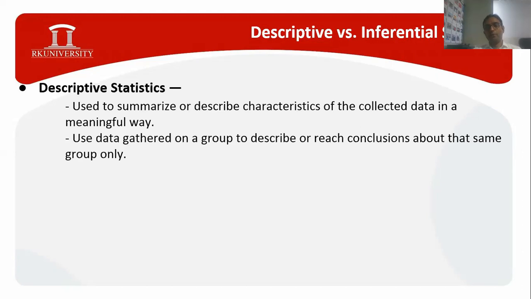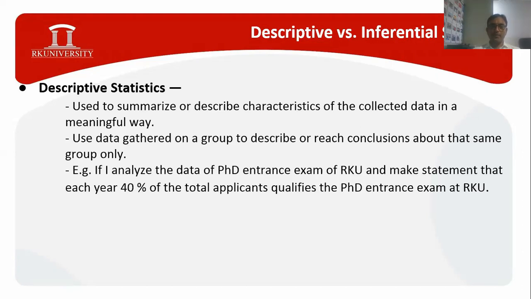Let me give you an example to give you more clarity. For example, if I collect the data of the last 7-8 years of the PhD entrance exam and I analyze it, and then on the basis of the analysis, I make the statement that 40% of the total applicants who used to appear for the PhD entrance exam qualify the exam at RK University.